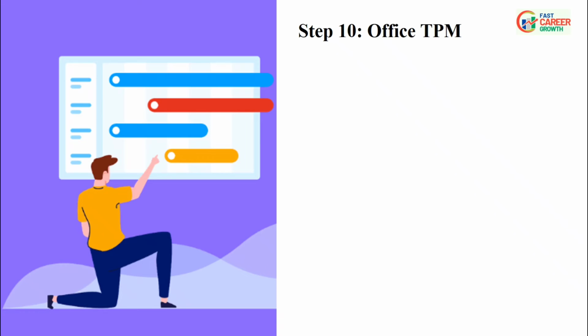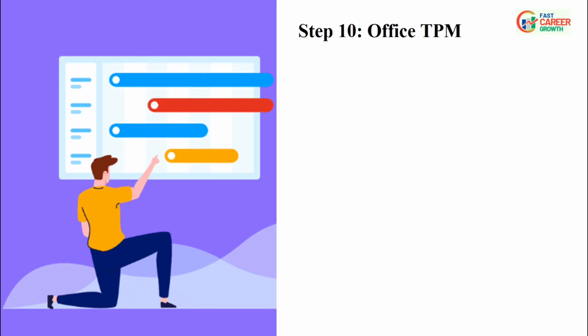In Office TPM, we break down office processes, understand workflows, and address inefficiencies. There are 8 key pillars of Office TPM that address specific challenges, ranging from equipment maintenance to quality improvement, and from employee training to safety in the office.